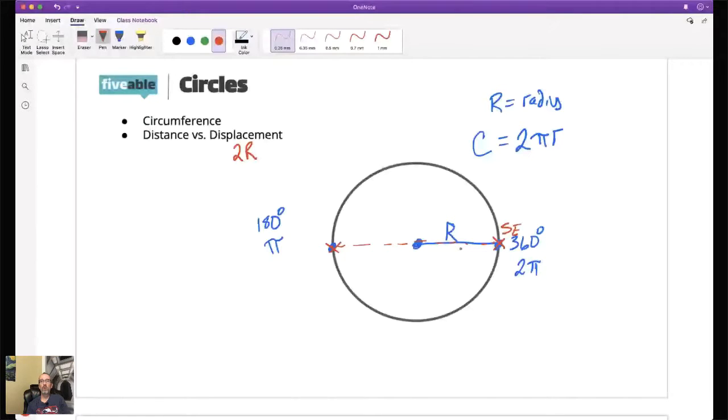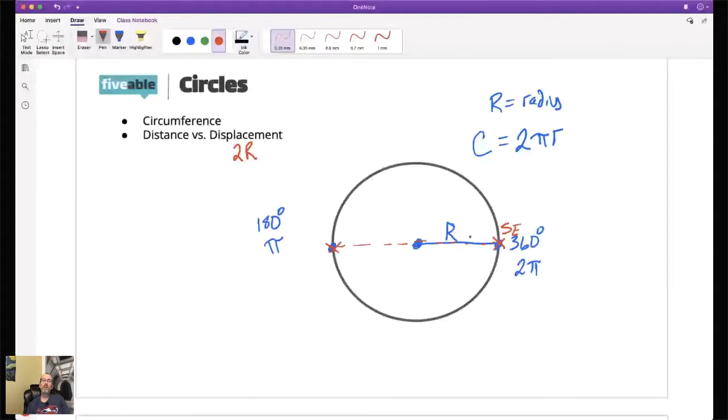Or even if I go all the way around the path of the circle, what do you think that displacement would be? Because remember, displacement is final position minus original position. So what would that be? That's the question. Yes, very good. It is 0, because if I start here and I end up here, I'm starting and stopping at the same place. So that would be 0.